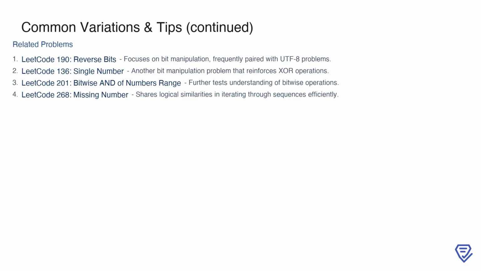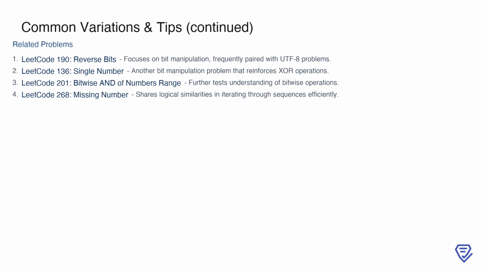To deepen your understanding of UTF-8 validation, it's useful to explore related problems that reinforce similar concepts. For example, LeetCode problem 190, Reverse Bits, focuses on bit manipulation, a skill that's highly relevant when working with UTF-8 encoding. Another example is LeetCode problem 136, Single Number, which centers around XOR operations, a fundamental technique in many bitwise problems.